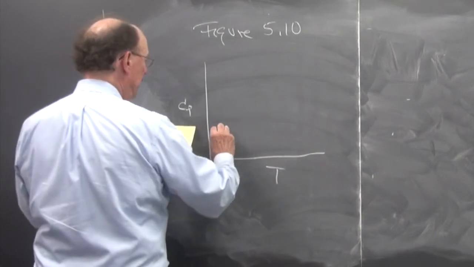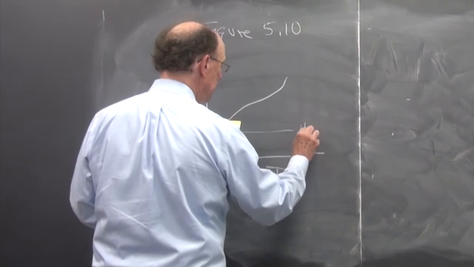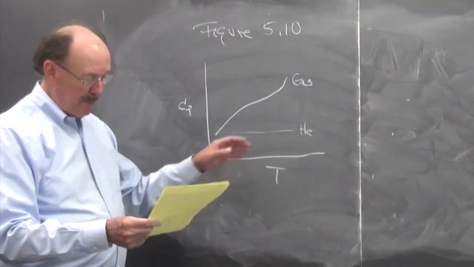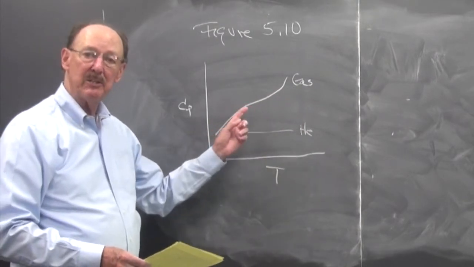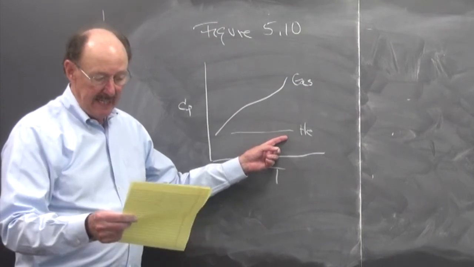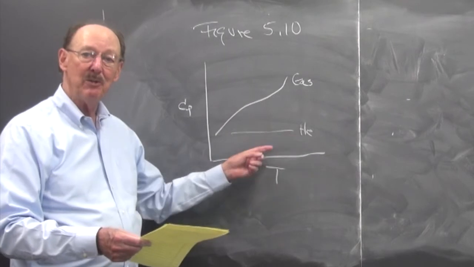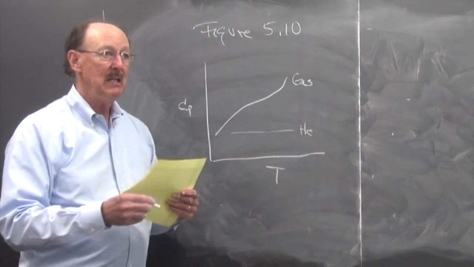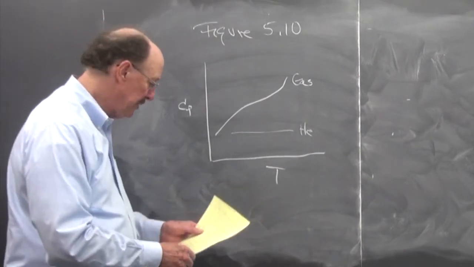And it'll be something like this. And for helium, we have something like this. And this is for different gases. And what happens is the way energy is stored in the gas molecule changes with temperature. What happens for helium is that it can only move in 3 directions, so its value is constant very easily. But let's just qualitatively talk about the kinetic theory model about energy storage in a gas.